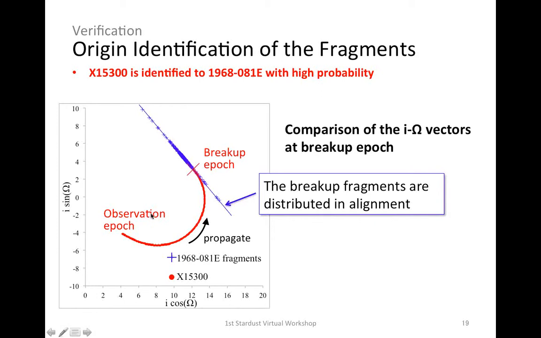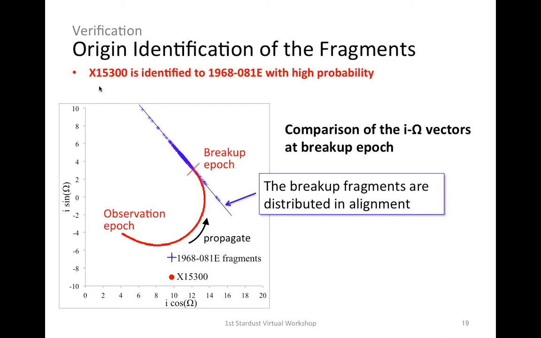The origins of the 7 objects were verified using their orbits. The orbits were propagated back to the breakup epoch and compared with the orbit of 1968-081E. As a result, 2 objects were correlated with the target. This object, X15300, is identified with high probability.